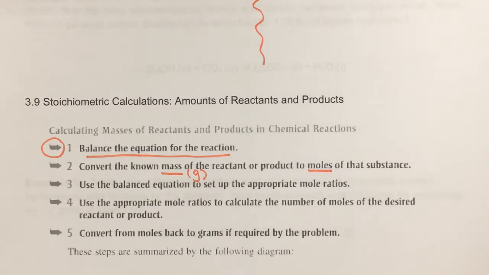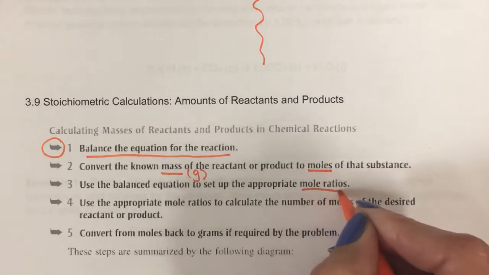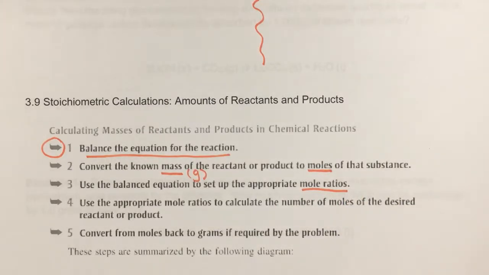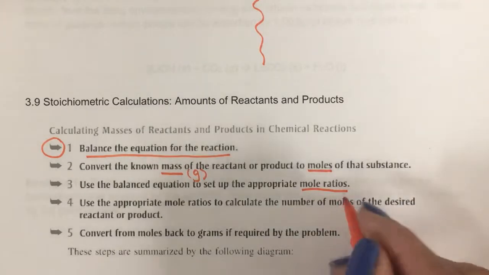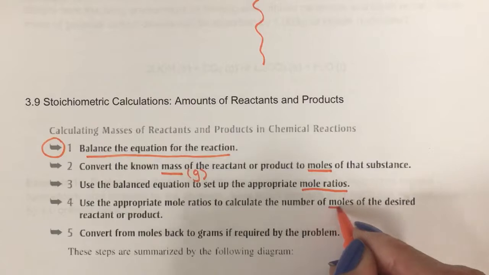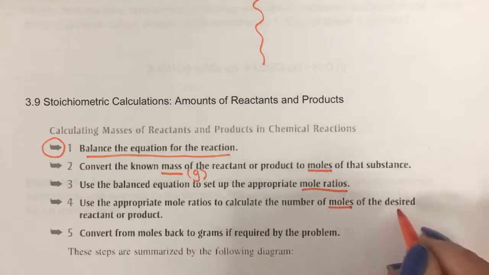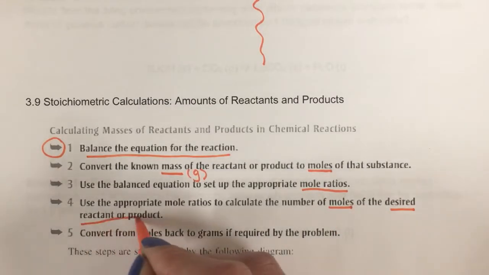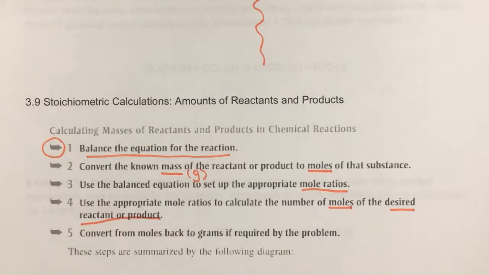Okay? Once I change it to moles of what I know, I'm going to change it to the moles of what I want to know about using a mole ratio. Okay? That will tell me the number of moles of my desired reactant or product.